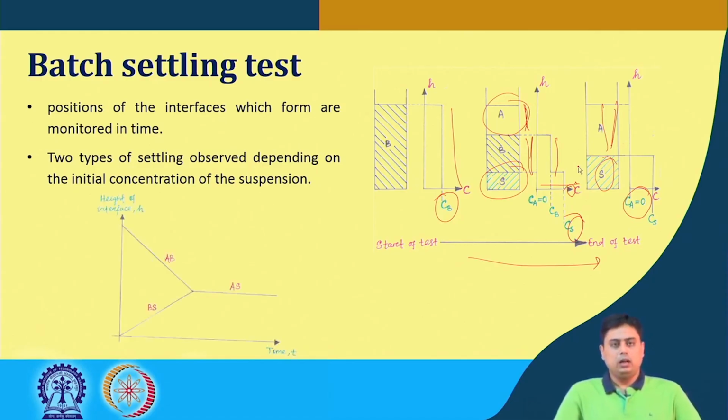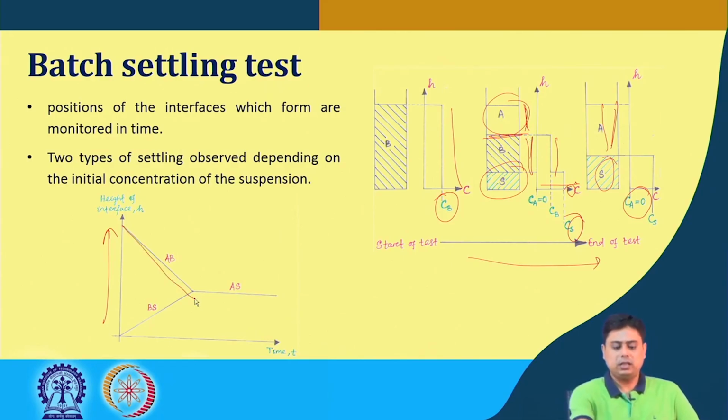And then if we look at the interface height versus time data, it would look something like this. If this is the interface height, the AB interface, that is between the clear liquid and the suspension, will steadily decrease.